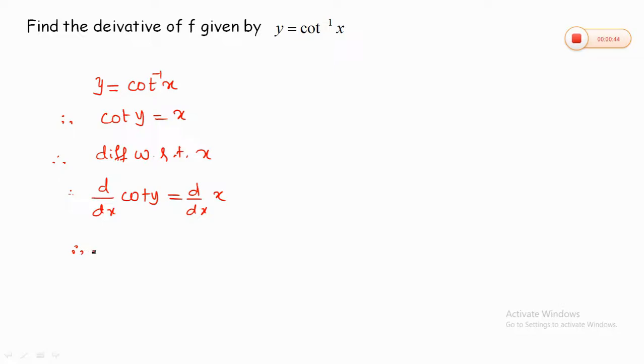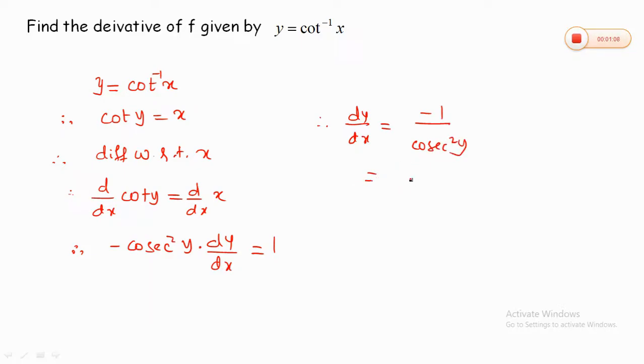So the derivative of cot y is minus cosec square y, and derivative of y is dy by dx. This equals 1. So now dy upon dx equals minus 1 upon cosec square y.